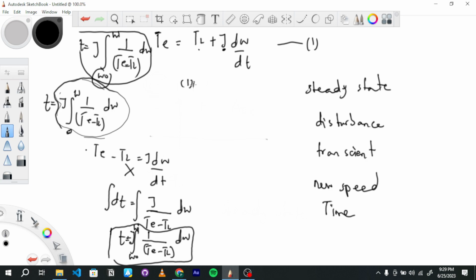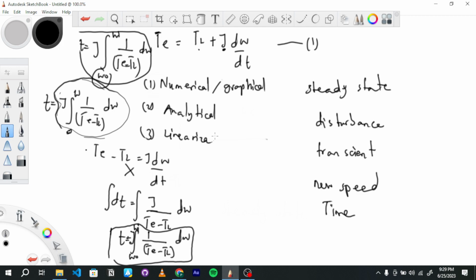The first is using the numerical or graphical method. The second is using the analytical method. And finally, linearization. Now let's pay attention. Let's see something here.